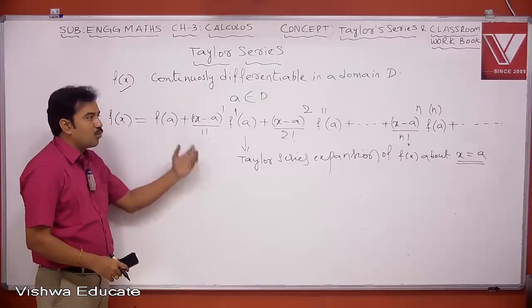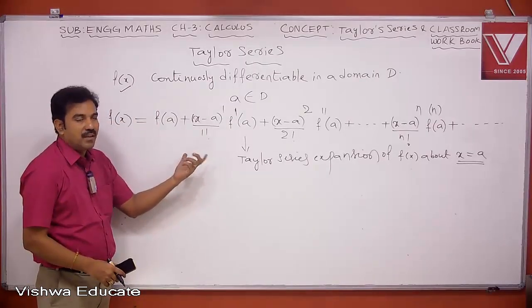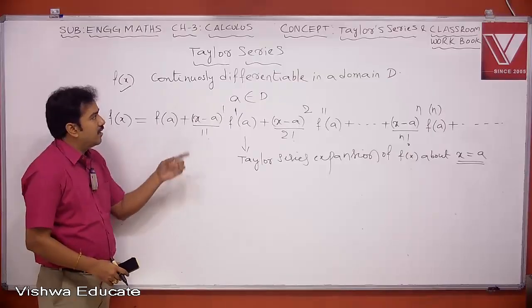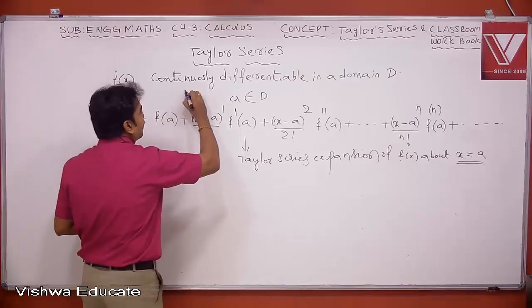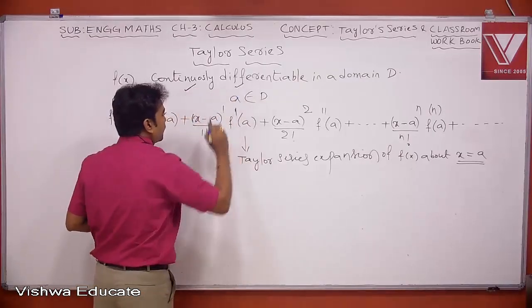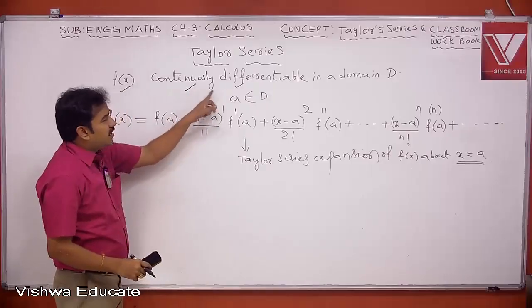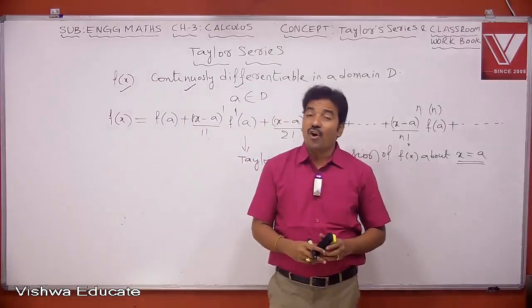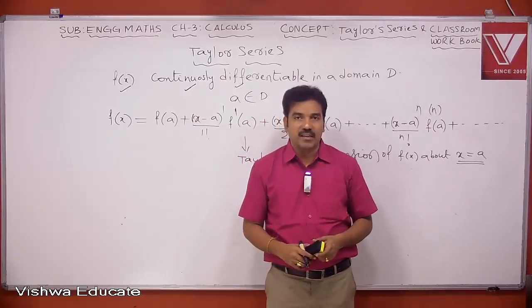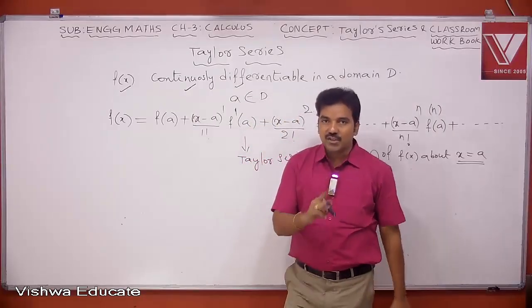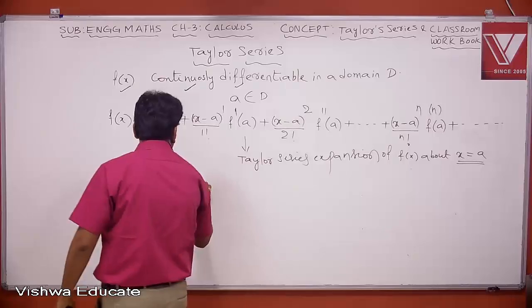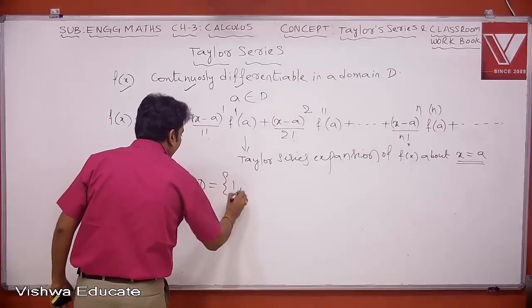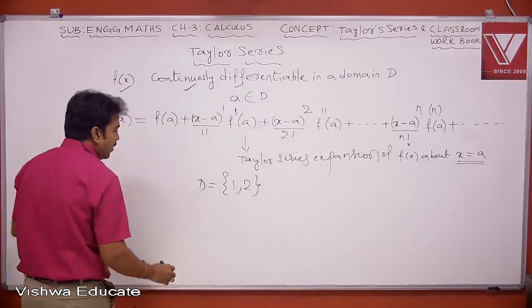See, in a series expansion we have infinitely many terms. Now let me explain very clearly what we mean by continuously differentiable. This is very important for us. Continuously differentiable means the function has the derivatives of all orders at all points of D. Suppose D is a set having two elements, for example 1, 2.